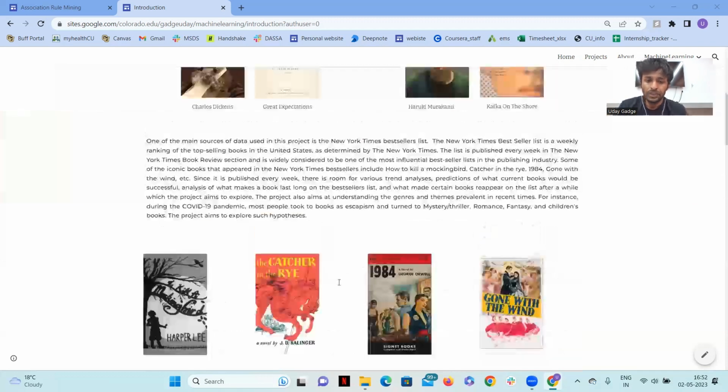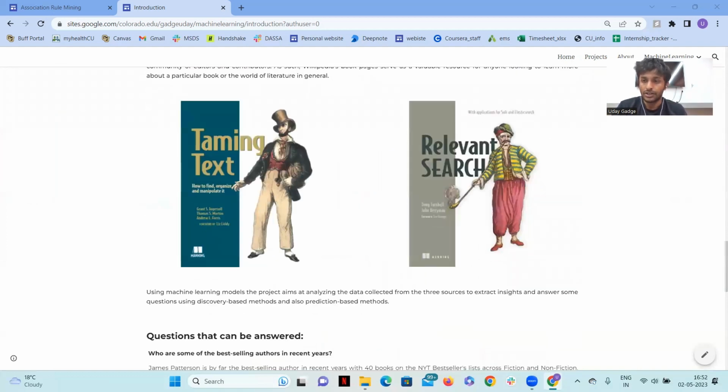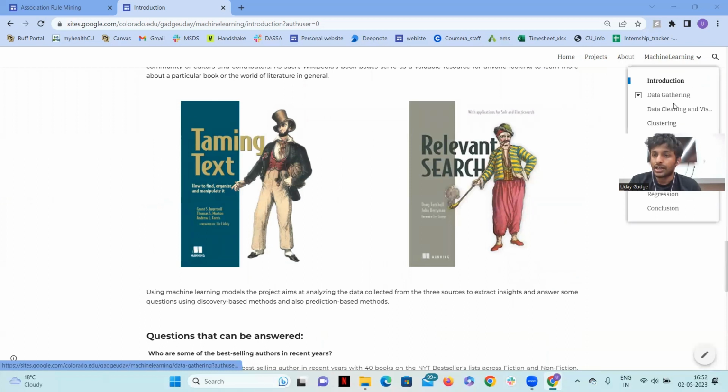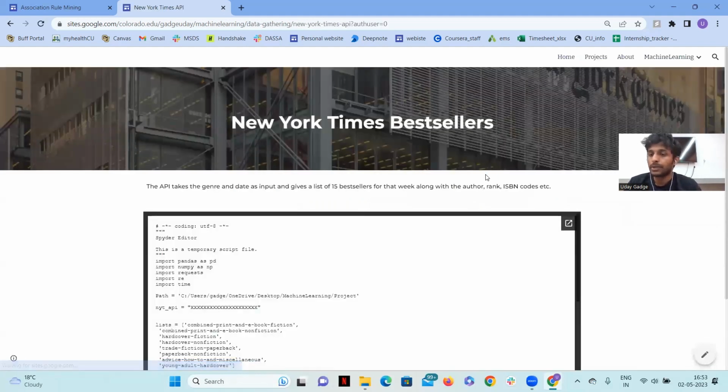So, like I said, my base data for my project has been New York Times. New York Times publishes its bestsellers across fiction, nonfiction, young adult, and advice every week. And I've got the data from their API, which is nothing but an application programming interface, which allows you to access their data through a server.